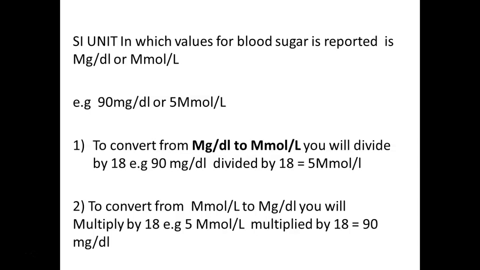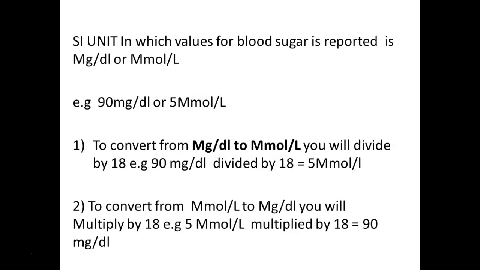To convert from milligram per dl to millimole per liter, you just divide by 18. For example, if your device records in milligram per dl, you get values like 70, 60, 50, and in millimole per liter you get lower values.